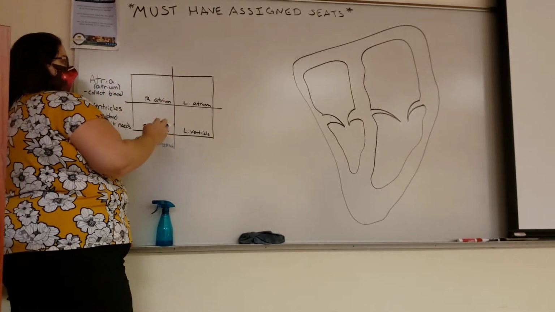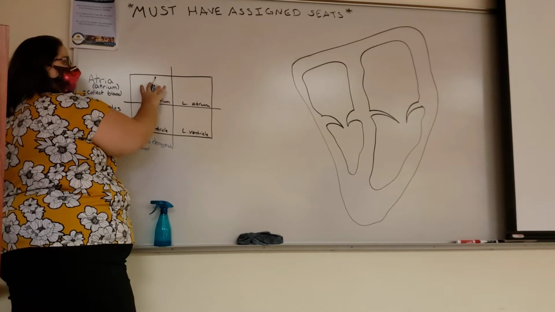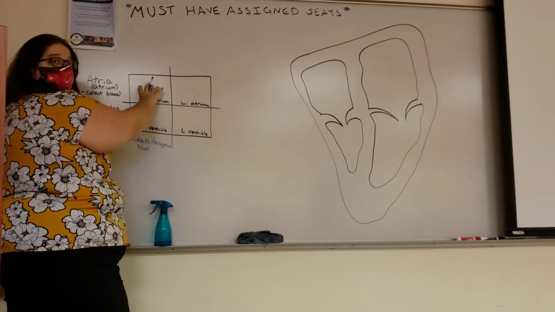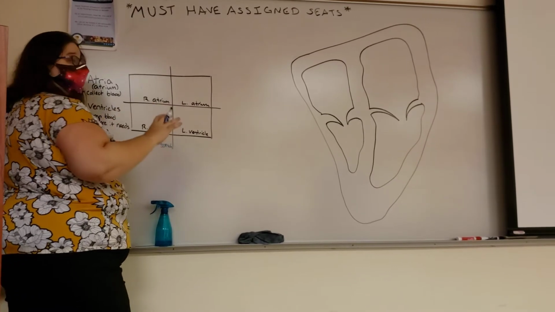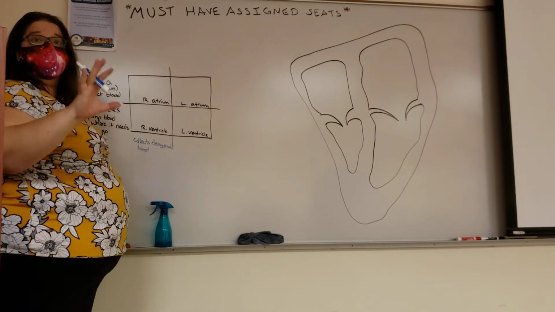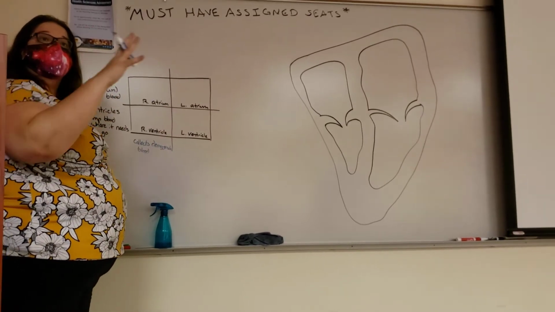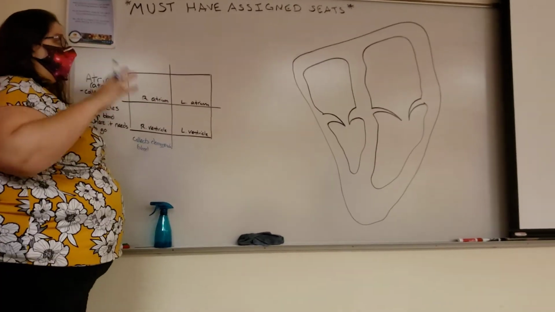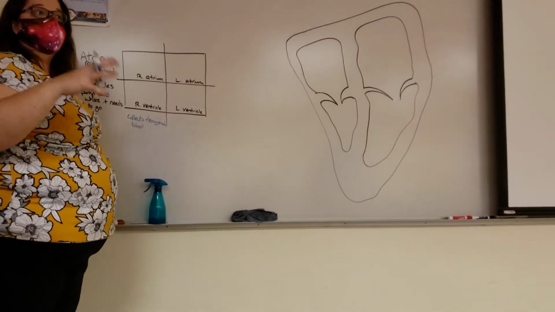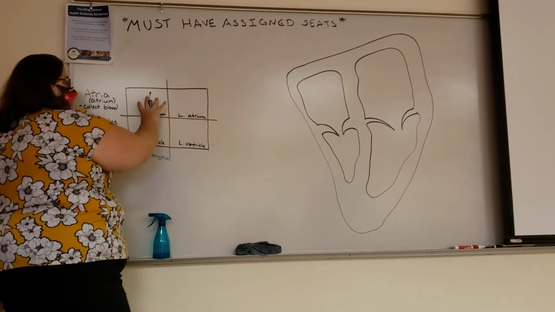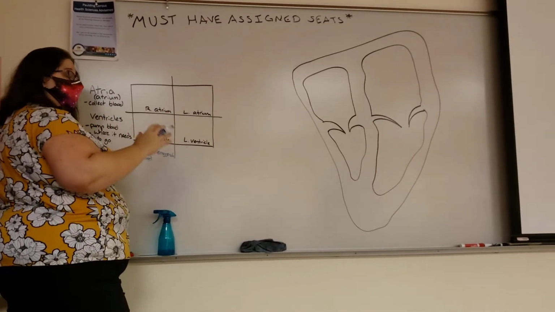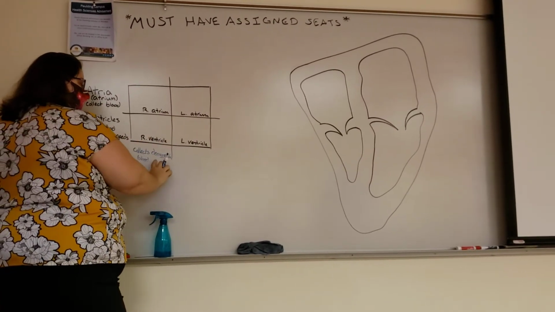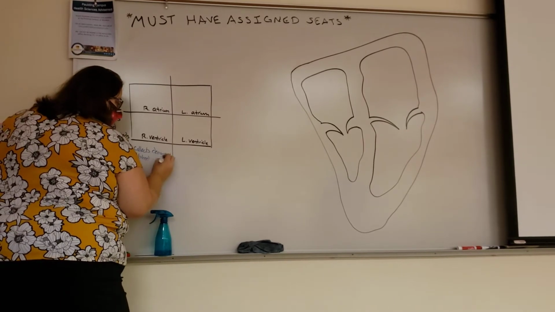So our starting point is cleaning our used dirty blood, basically. Right? It's not your heart's job to clean it and to exchange waste for nutrients or carbon dioxide for oxygen, but it's your heart's job to get it there, right? So the right side of your heart is going to collect deoxygenated blood.